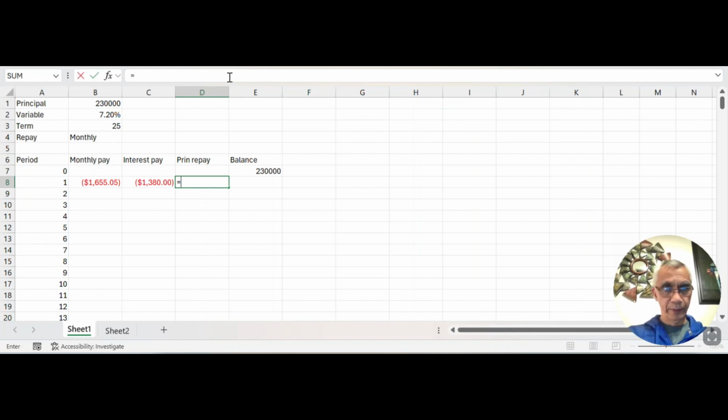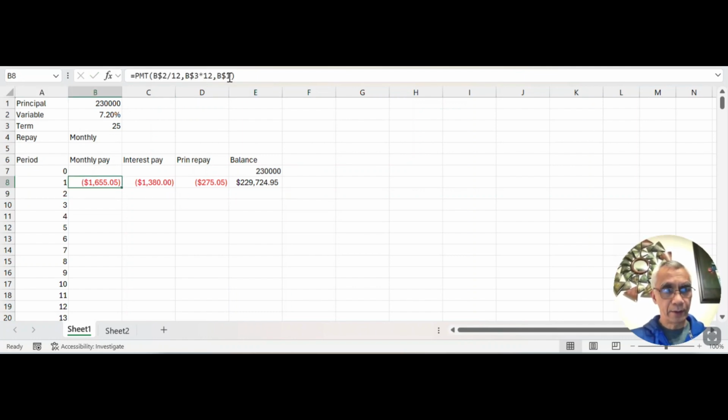Principal repayment will be the difference between the monthly payment less the interest, right? So that's what goes to your principal there. And that is a negative value, so the running balance will be that plus the negative value there. There you go.